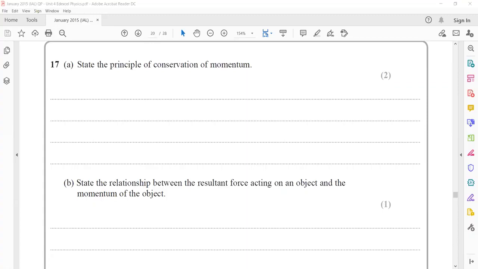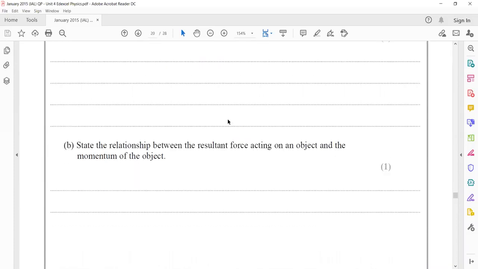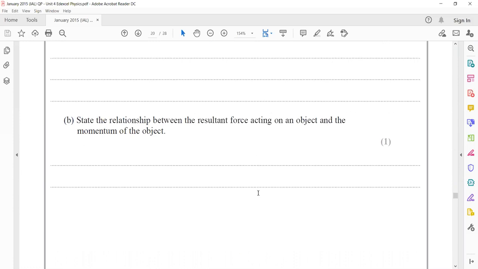There is another point which you have to mention. That point is in an isolated system, a system which does not experience or is not influenced by external force. So in an isolated system is 1 mark. Momentum before collision is equal to momentum after collision.